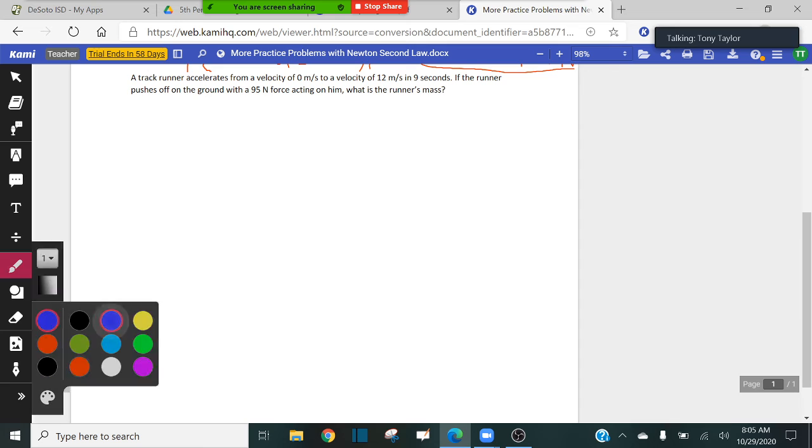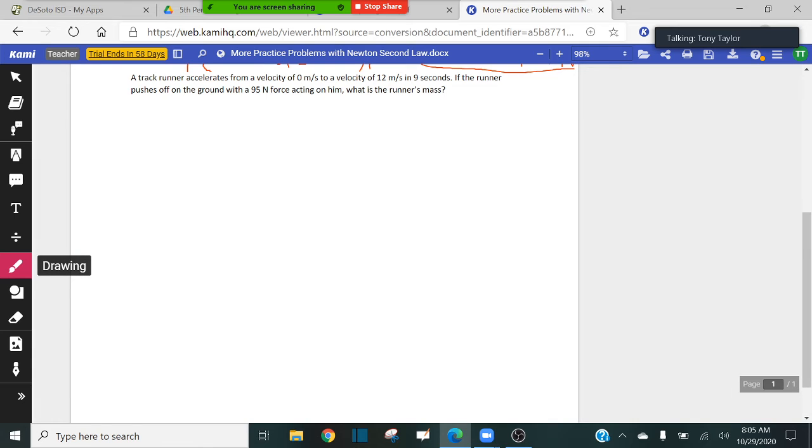Let's use blue. Okay, so same thing as before. We're going to need two equations to solve for this problem. We're going to need our equation from kinematics, which says acceleration is equal to final velocity.